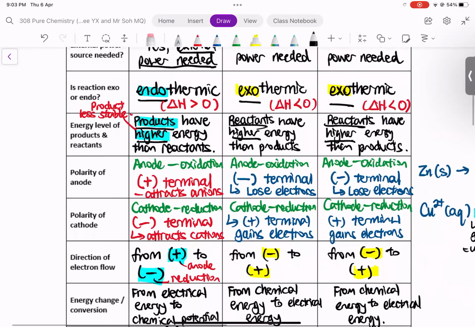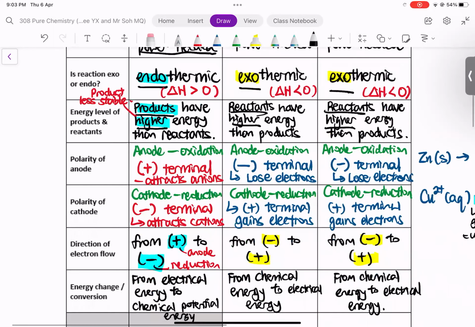The energy conversions in a fuel cell and a simple cell are the same. And do you also realize that electrolysis, electrolytic cell, is the opposite of electric cell in every possible way? And this is what you need to know. Okay, this will help you avoid confusion.